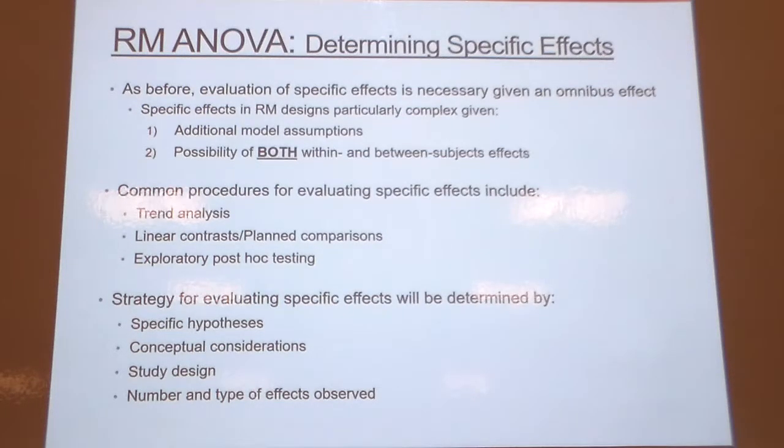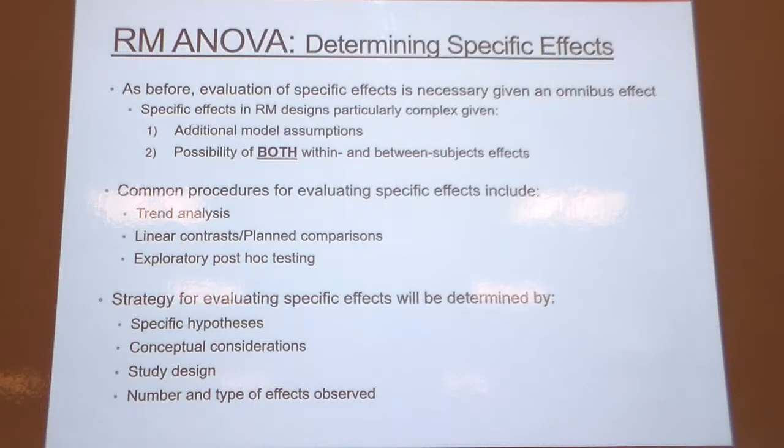But in general, just as a review, our repeated measures designs are kind of tricky. We've got different assumptions. We've got the possibility of both between and within designs that we need to take account of. If we're teasing things apart, we've got a procedure we call trend analyses. That's nice, right?